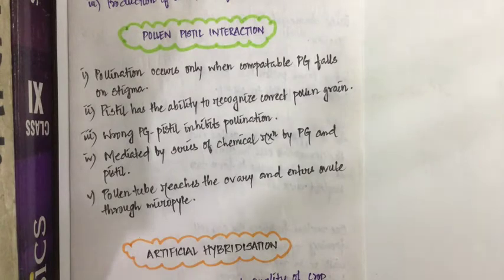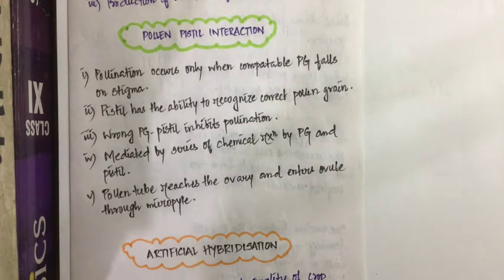Pollination occurs only when compatible pollen grains fall on the stigma. So this whole process of pollination is successful only if the correct, compatible pollen grain is falling on the stigma. Like, I have a rose flower. Now try to imagine the rose stigma, and on that rose stigma, a mango pollen grain has fallen.